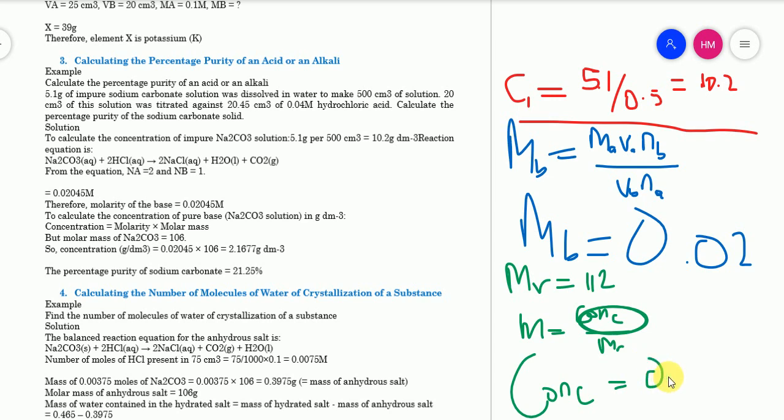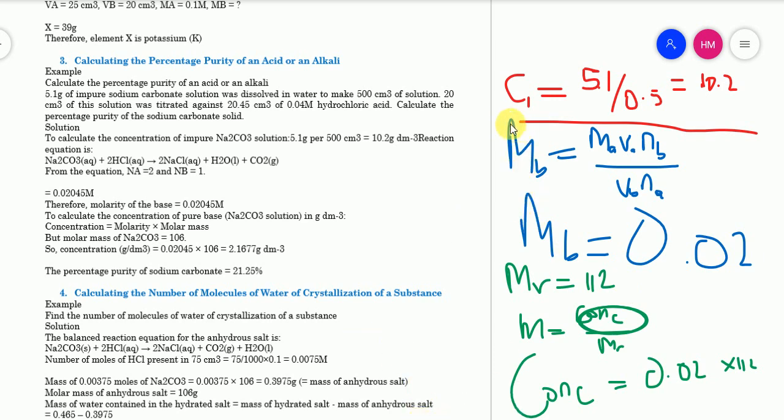molarity 0.02 mara ngapi? 112. So hapo tutachukua ni 0.02 mara 112, utapata 2.24. Jibu lako hapo ni 2.24.